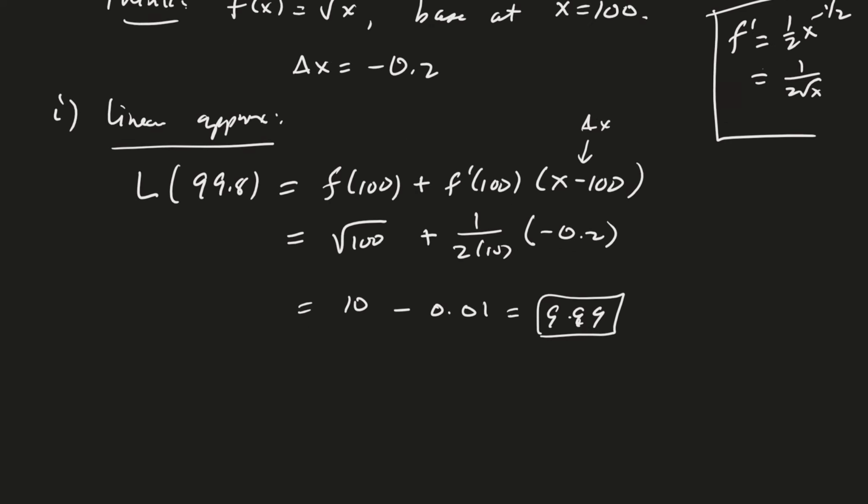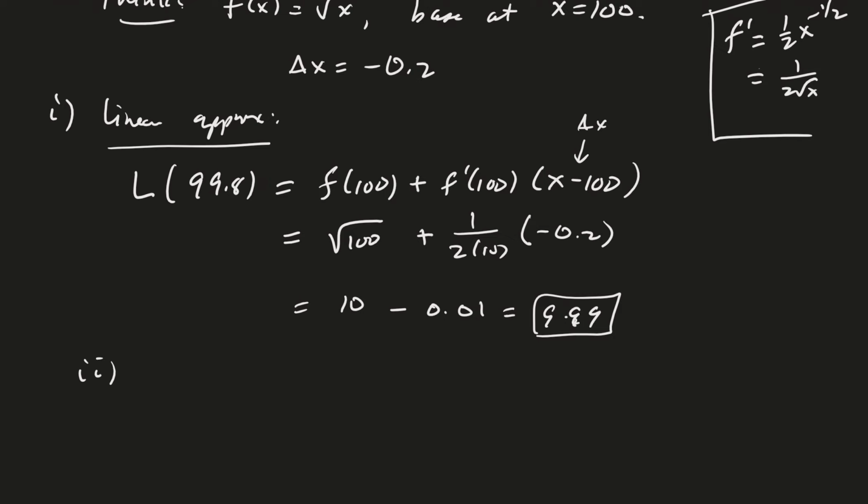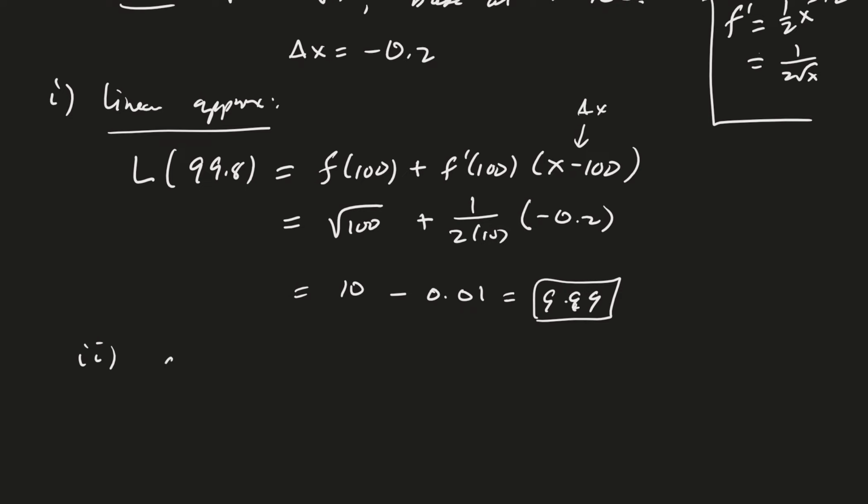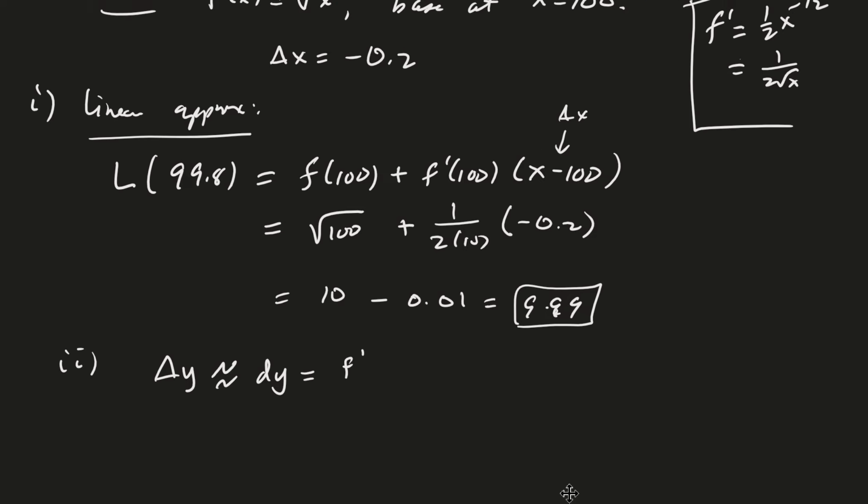Good. Okay. How would I use differentials? Well, for differentials, I would take that my change in y is approximated by, so my delta y is approximately equal to dy, and that's equal to f prime of x times our dx, right?